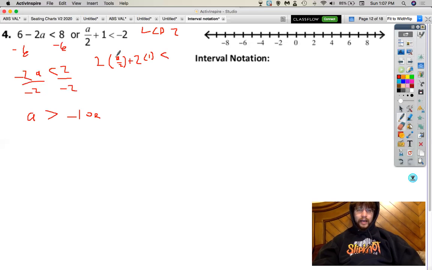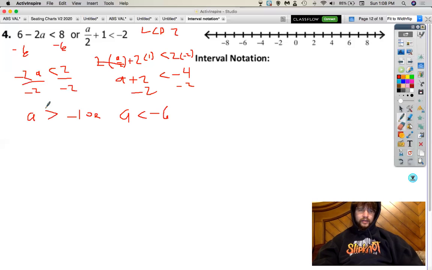That's less than, it's a positive 2, so I did not change my direction. 2 times negative 2. Those cancel on us with a plus 2 is less than negative 4. Subtract 2, subtract 2, I get a is less than negative 6.